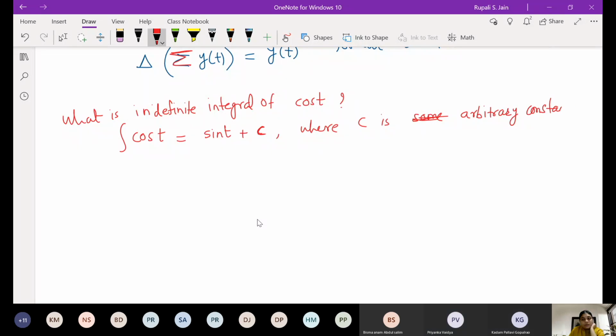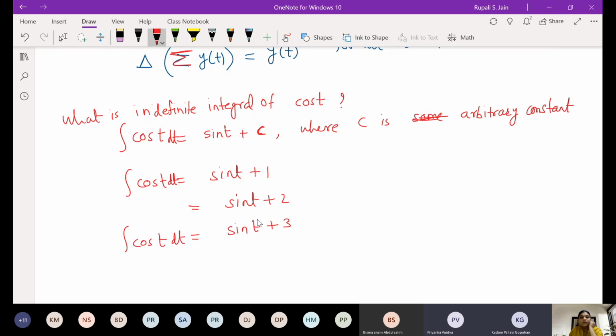So arbitrary constant means the integration of cos t can be sin t plus 1 also, or sin t plus 2 also, or sin t plus 3 also, and I will get cos t dt. So c is any arbitrary constant.